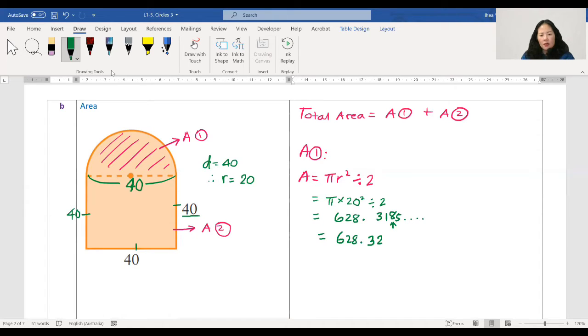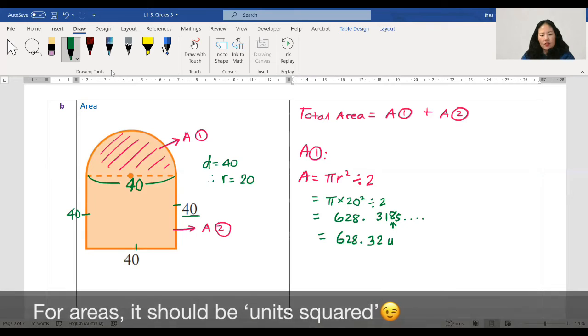Now when you look at all the measurements here, there are no units in here, isn't it? No centimeters, meters, or millimeters. So I'm just going to call it units. 628.32 units, but I'm just going to put U in there. So we can just say all these can be our little units there.